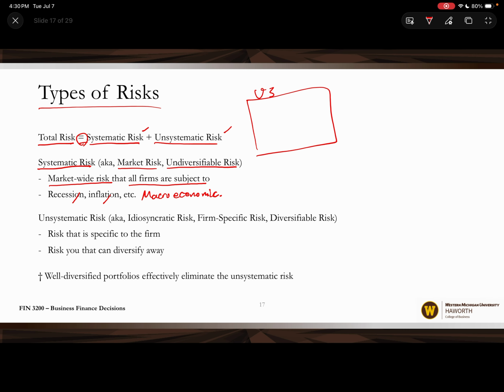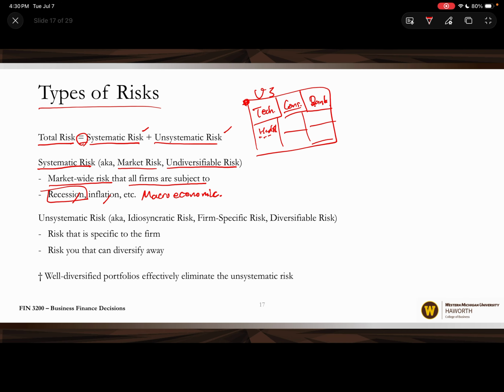We have tech firms, consumer cyclical, banks, healthcare, a bunch of other things, right? All these firms don't do well, or I shouldn't say all of them, to be precise, but most of them.